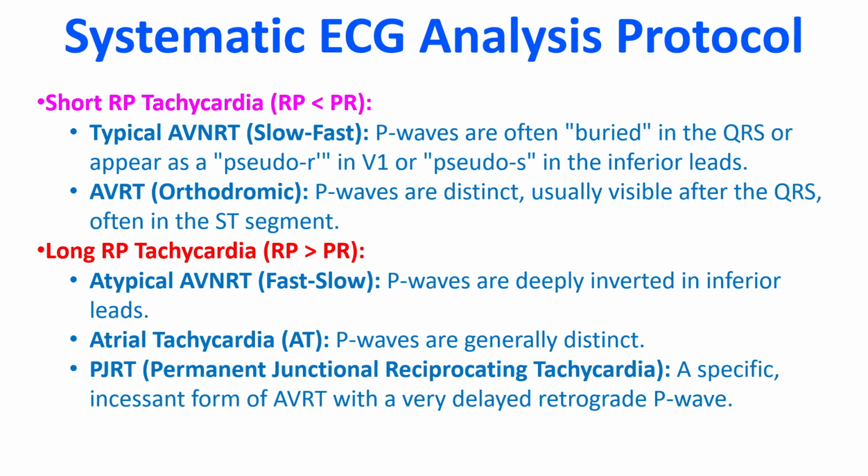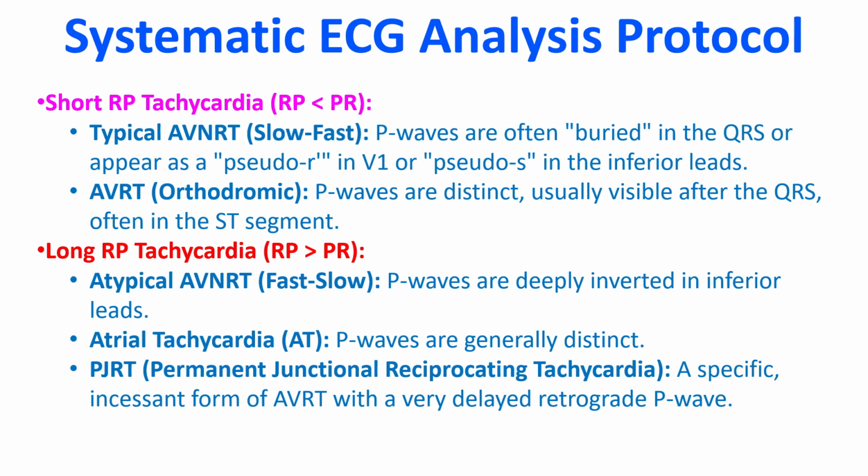Moving to long RP tachycardia, in which the RP interval is more than the PR interval. Examples are atypical AVNRT, that is down the fast pathway and up the slow pathway, that is the reentrant circuit in the AV node. P waves are deeply inverted in inferior leads.